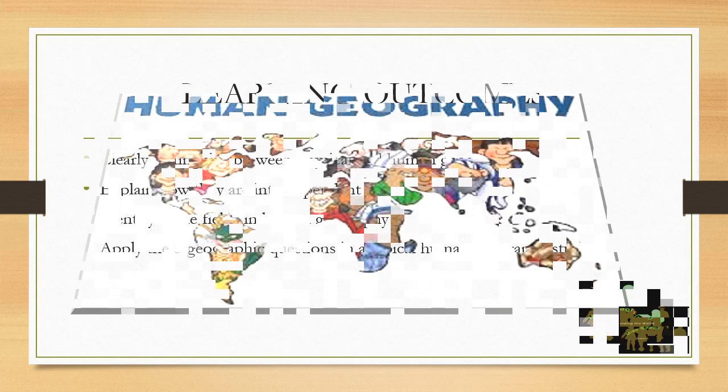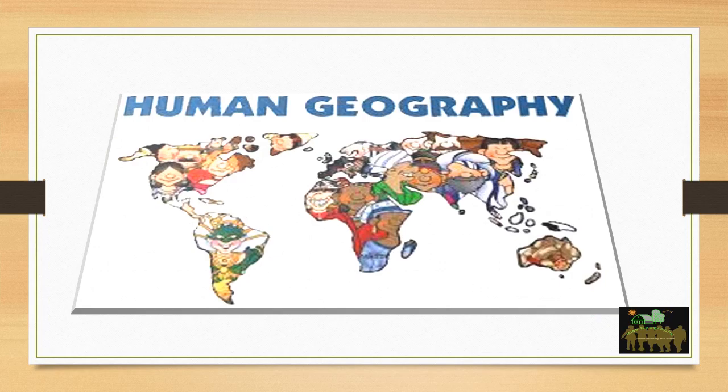What comes to mind when you see this picture? Well, for me, I see a world map with people inside, different people, different colors, different attire. That tells me that these are different people with different tribes, different cultures, different races, all in the world.